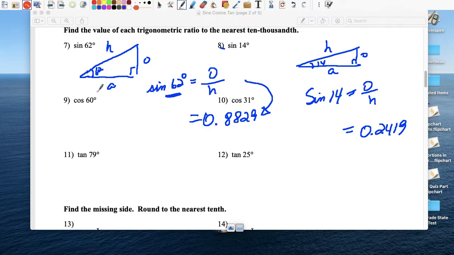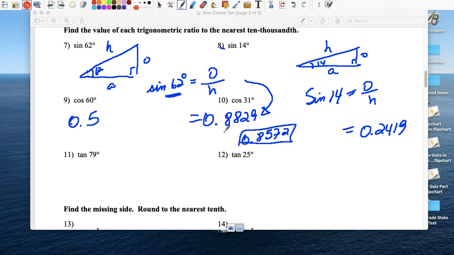Cosine of 60, second function, cosine, then we enter 60, and we get 0.5. Cosine of 31, second function, cosine, 31, enter, we get 0.8572, rounded to the nearest 10,000th.